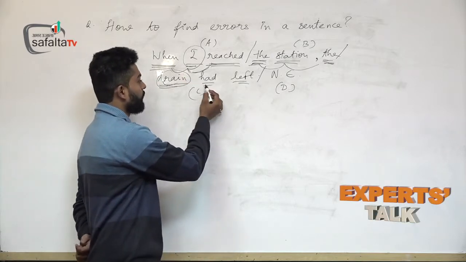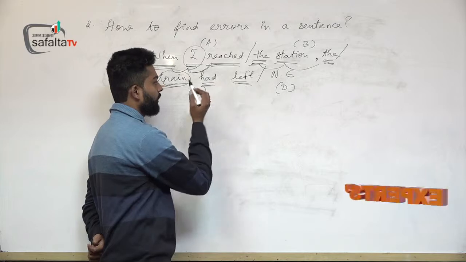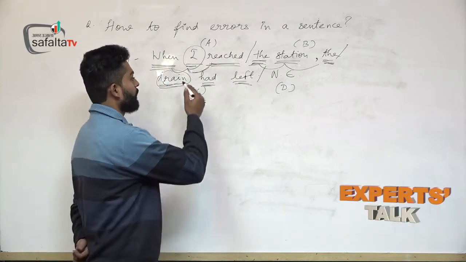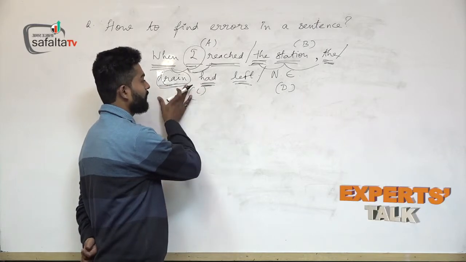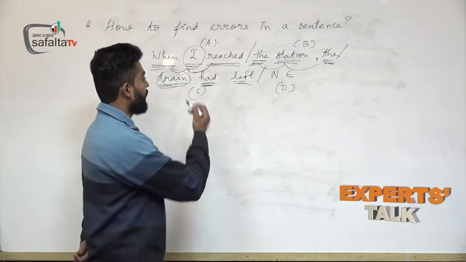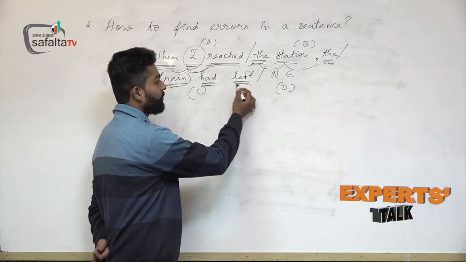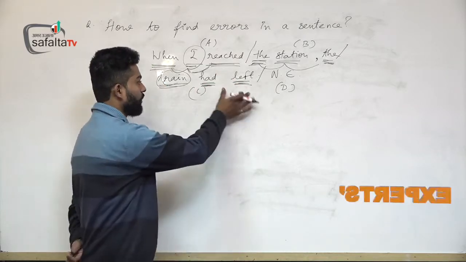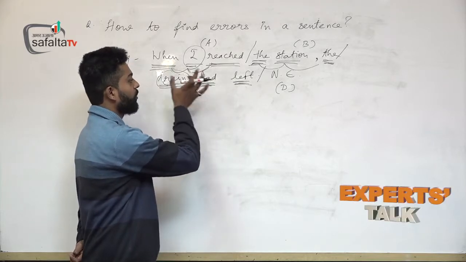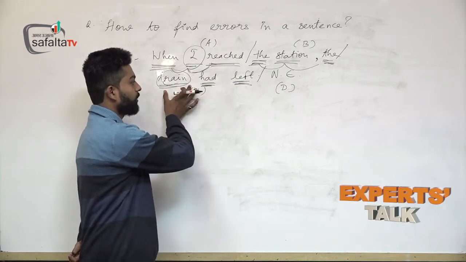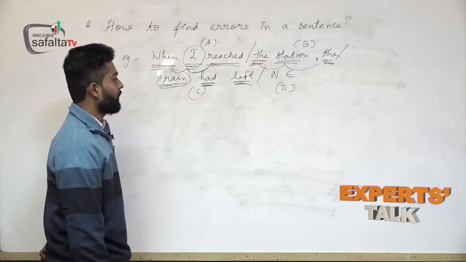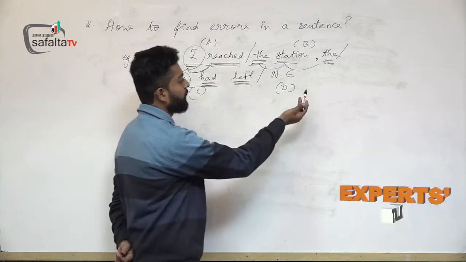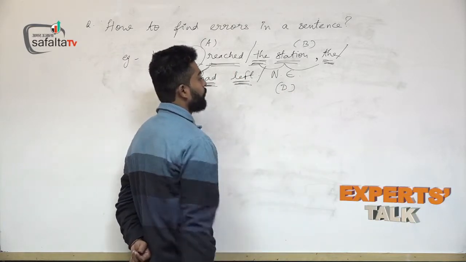Now after that we have used "had left". If you have correct knowledge of tense, then you have to see whether "had" is correct with this train or not. If "had" is correct, then see whether the correct form of verb is used with "had". If this verb is correct with this helping verb, and this helping verb is correct according to the subject, and there is no error in this part of the sentence, then you will move to the next option, and that is no error.